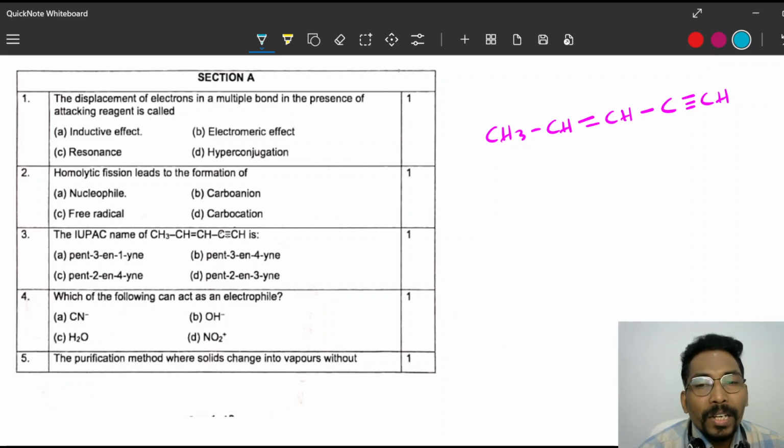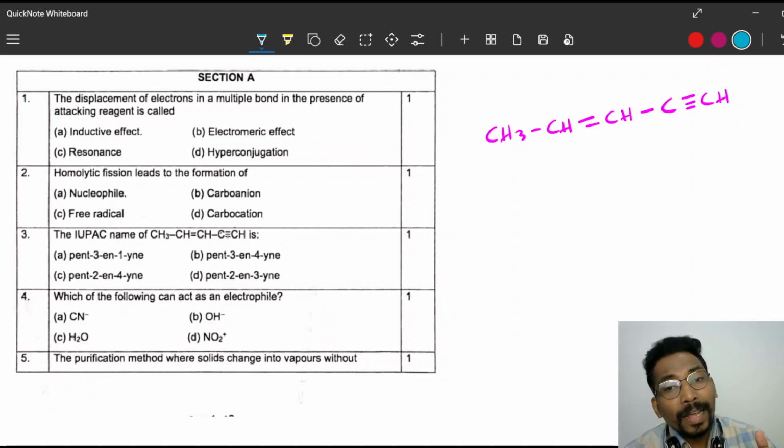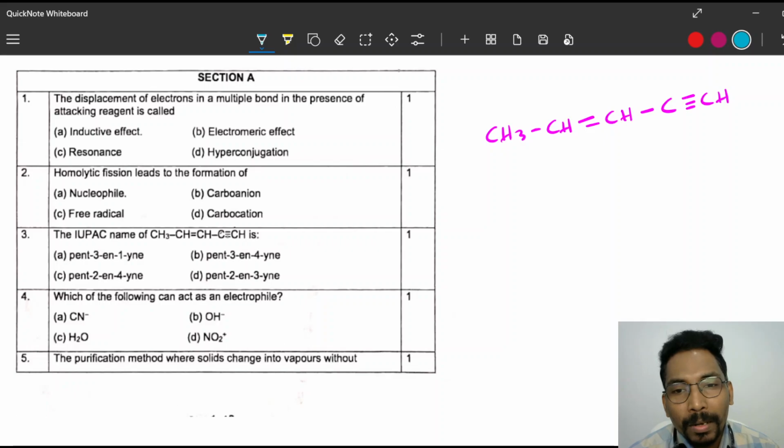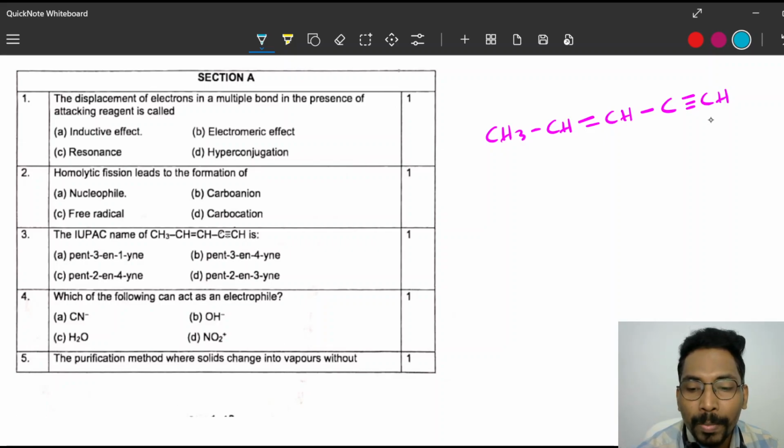According to the priority list, double bond has more priority than triple bond for nomenclature, but for numbering, you have to start from which side? The triple bond side. That means wherever the multiple bond is present, you have to start numbering from that side. But while representing the name, you have to write ene first, then yne. That's the rule. So you have a triple bond at the right end of the molecule, so you can start numbering from this side.